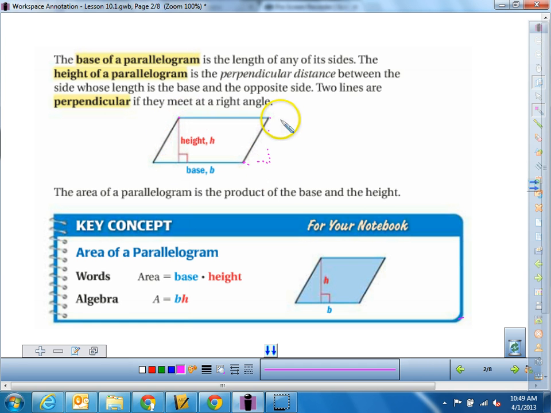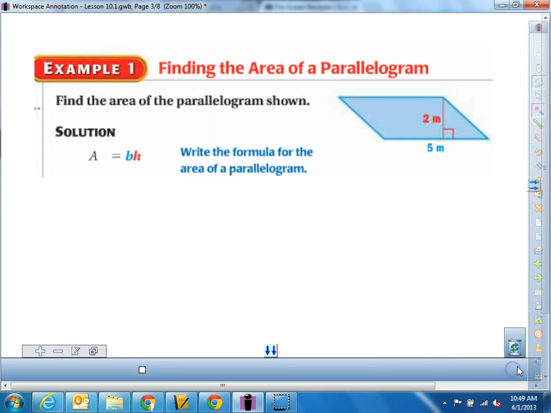That's where we get our base times height formula from. So it's the exact same as our rectangular formula, but we need to remember that the height is not a side. So base times height will get us our formula. Of course, as always with area, we want to make sure we label it with units squared. Whatever our unit is, make sure it's squared.